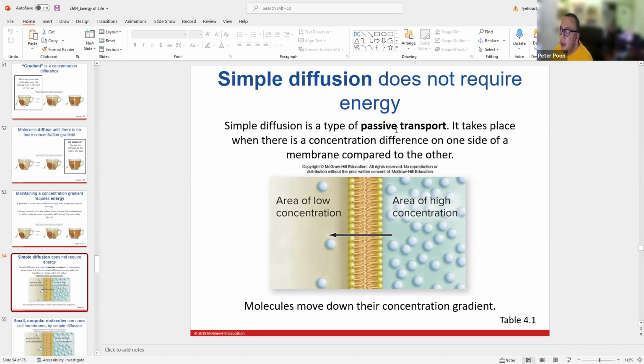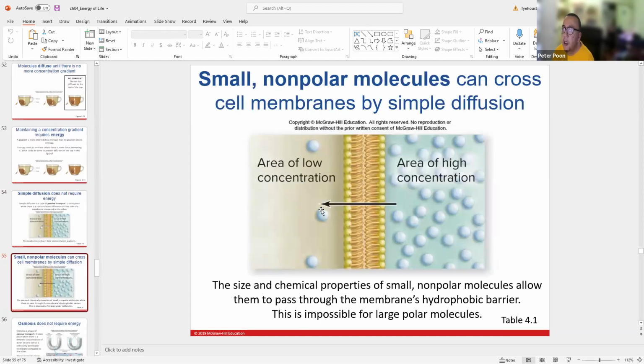It takes place where there's a concentration gradient on one side, so it goes from high concentration to low concentration. Molecules always move down their concentration gradient. Small nonpolar molecules, so oxygen, CO2, can always go through simple diffusion.